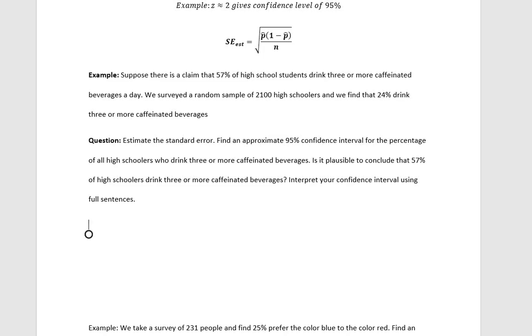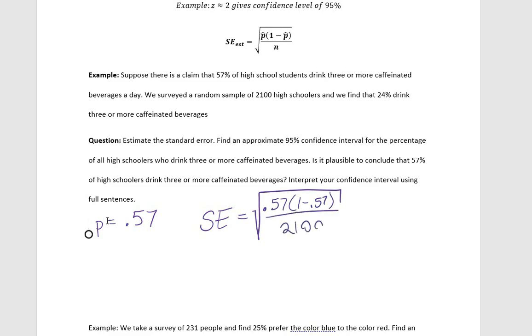First off, p equals 0.57. For the standard error, if you know p, use p to find your standard error. That is going to be the square root of 0.57 times 1 minus 0.57 divided by, remember, the size of our sample, which was 2,100.